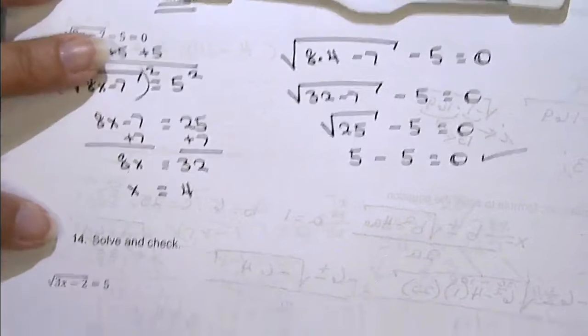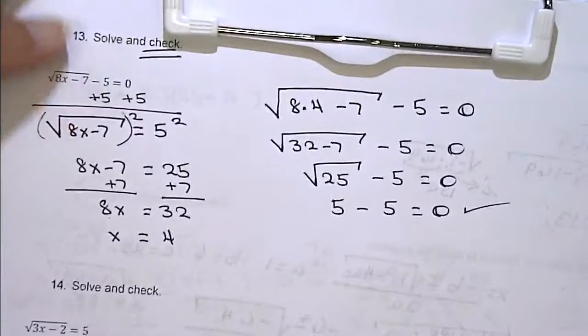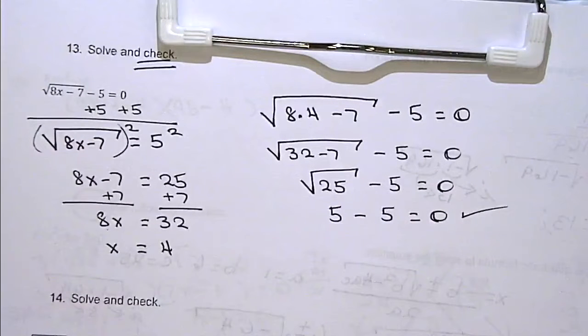Next, solve and check. Yeah. So my math lab, I forgot what it said exactly, but is it that whenever there's a negative behind the equal sign, it's not a true statement? Say that again. Is it that whenever there's a negative behind the equal sign, it's not a true statement?